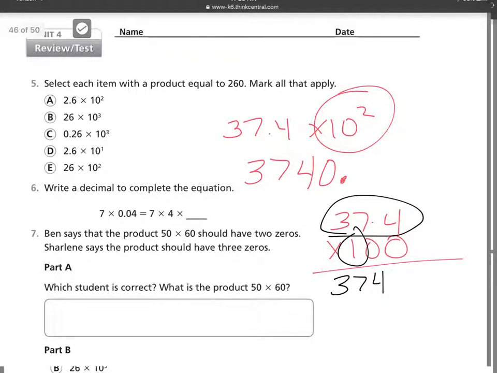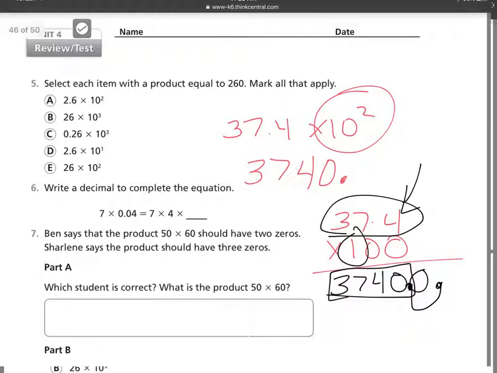We ignored the zeros, and then we're going to add those back now. And then count your decimal places, and your decimal would go right here, moving over from here to here, moving one spot because of the 1 digit that is behind the decimal. And you see you get the same answer, 3,740. Well, for each of these problems over here, you need to figure out if they are equal to 260. There will be more than one, and bubble in all that apply.